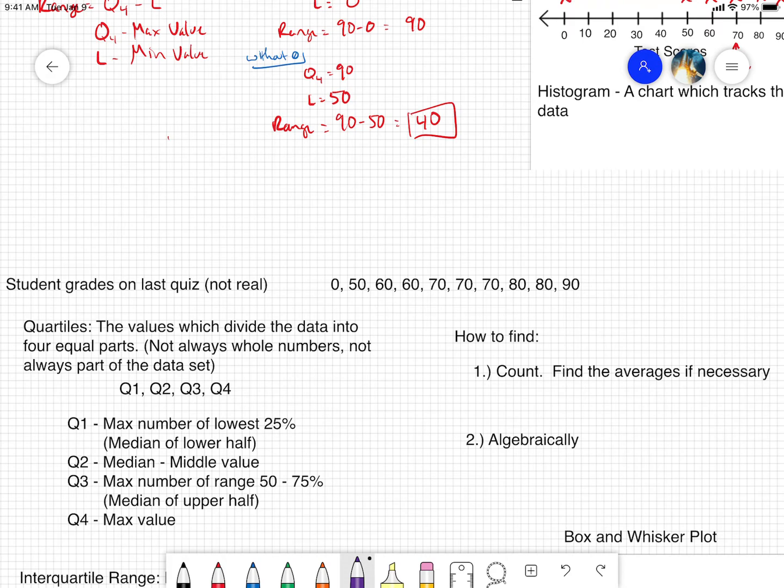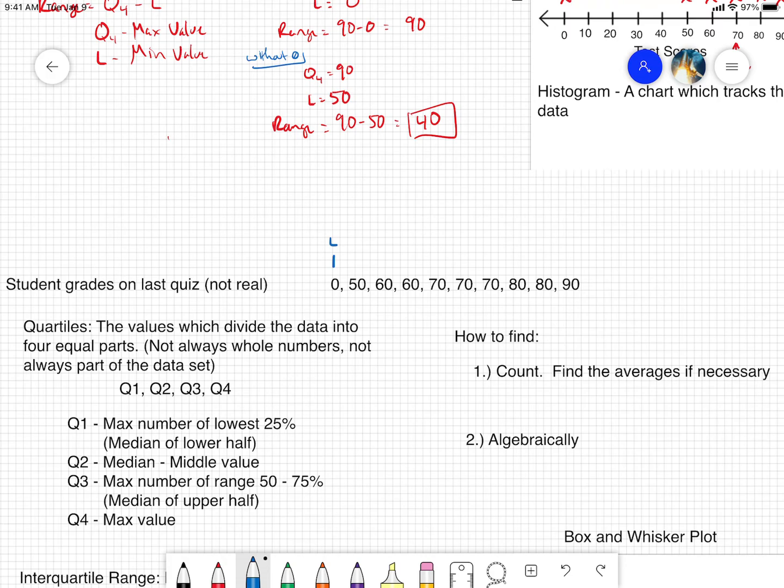So looking at this data, we know some values already. This first value is our L, our lowest value, our minimum value.